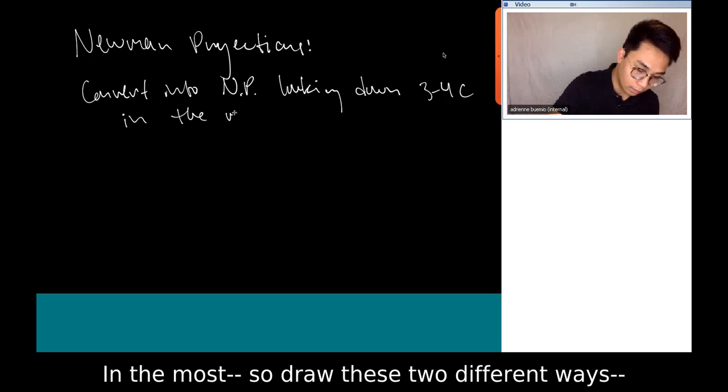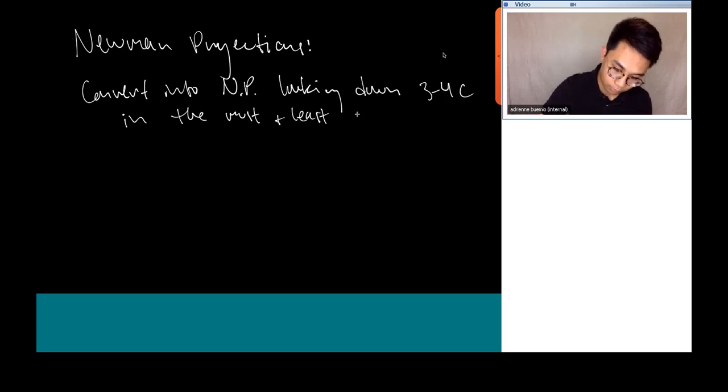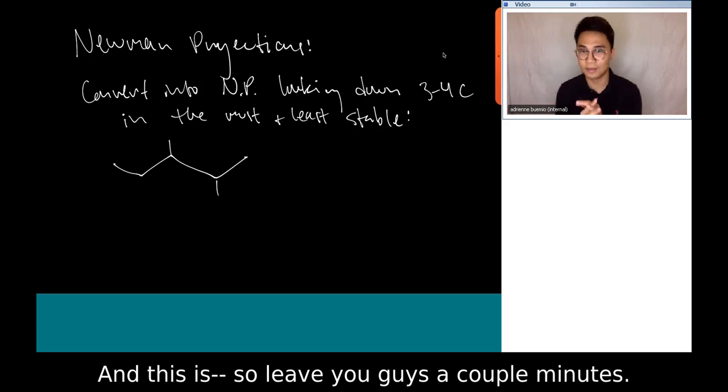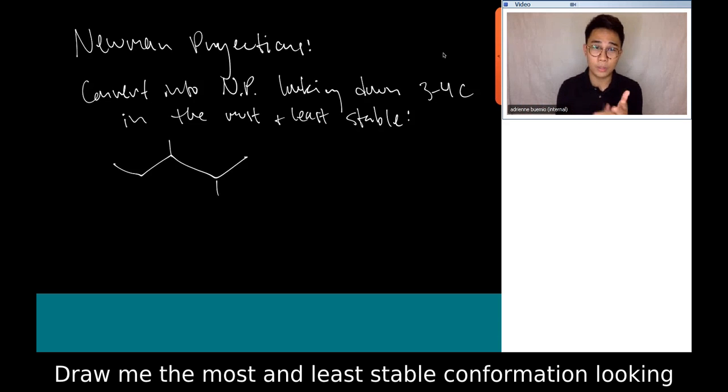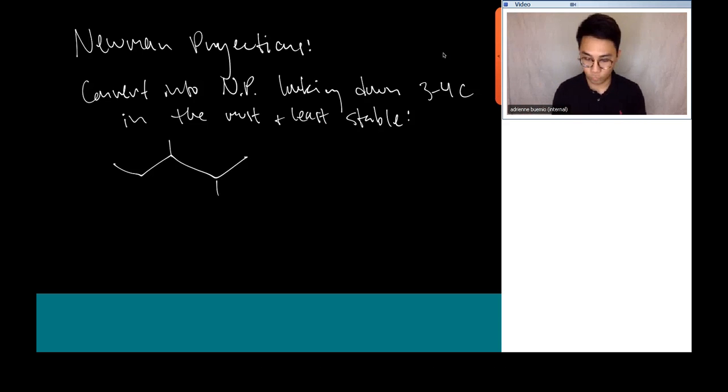Draw these two different ways, in the most and least stable. Okay, give you guys a couple minutes. Pause the video. Draw me the most and least stable conformation looking down the 3 to 4 carbon.